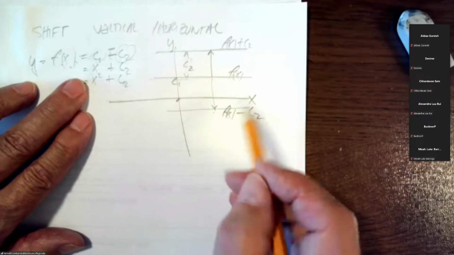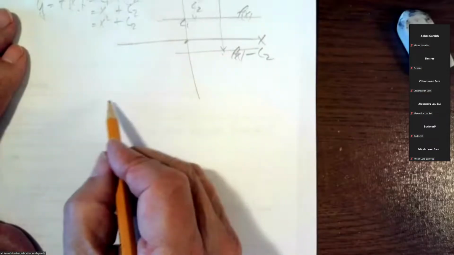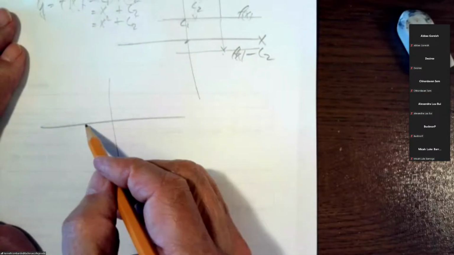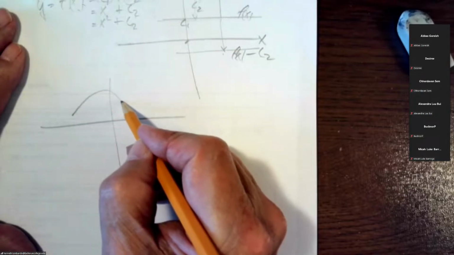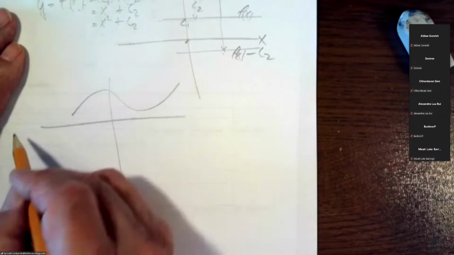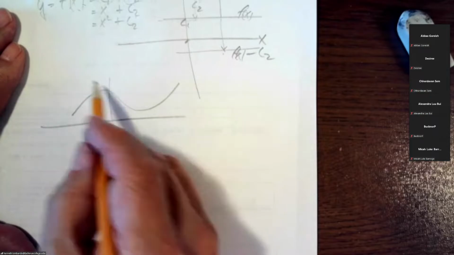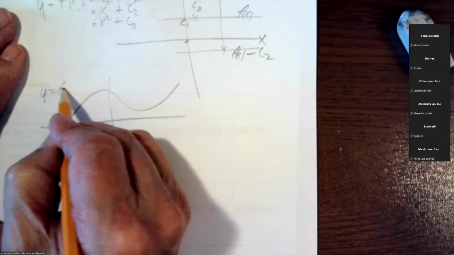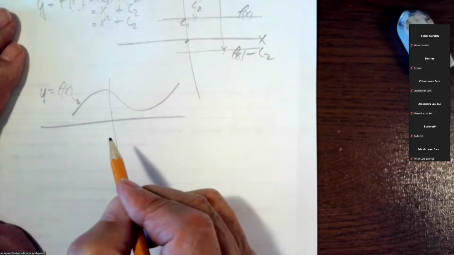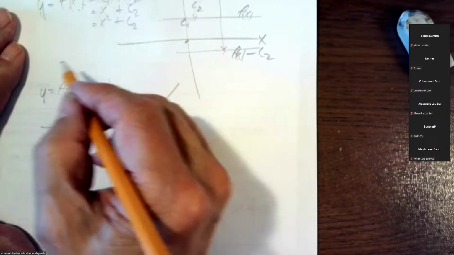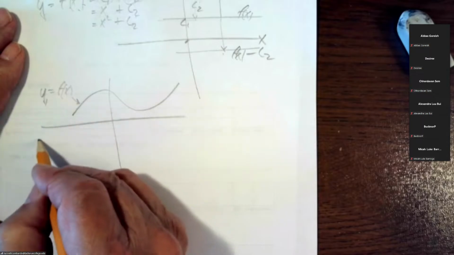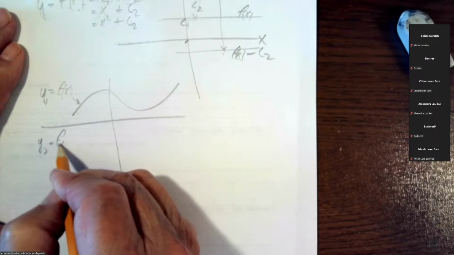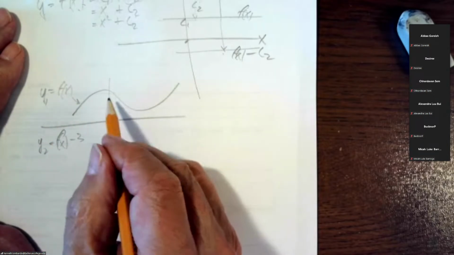Okay. If, for instance, we said y equals something that looked like this, and I could say y equals f of x, and maybe that's that. And what if I shift that down 3 units, y2 equals f of x minus 3.